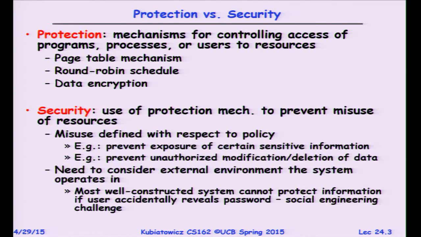Security is really using these mechanisms to prevent misuse of resources, and it's using such mechanisms with respect to a policy. So you have to know up front what it is you're trying to prevent, and then how do I use the protection mechanisms to do that? Does everybody see the difference? Protection mechanisms are just things you could use to put together a security policy. Security is really the whole package.